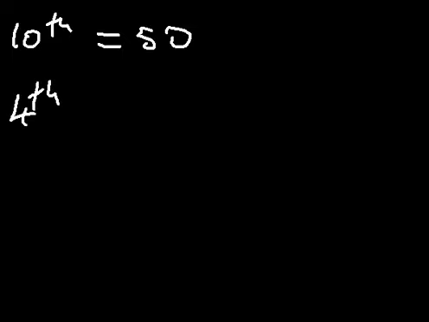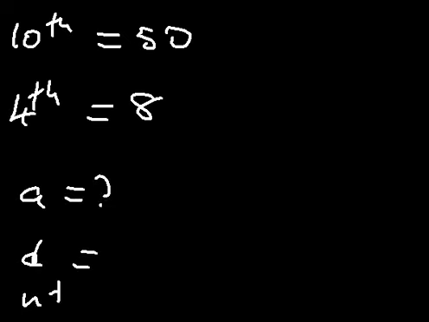So let's appreciate this question. Given that the 10th term of an AP is 50, and also given that the 4th term is 8, what is the first term, the common difference, as well as the nth term formula, if that's the case?